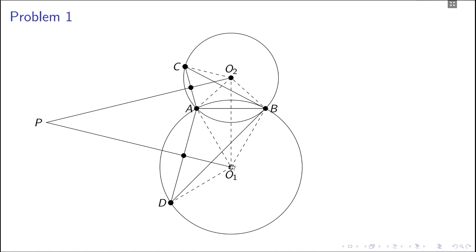I join O1, O2, O1B, and also join these. Now I start. Look at this angle here. It's subtended by the chord AB. The angle that this chord AB will subtend at the center is double of that. And since this will bisect, these 2 angles are equal to this. So these 2 also I can mark with red.